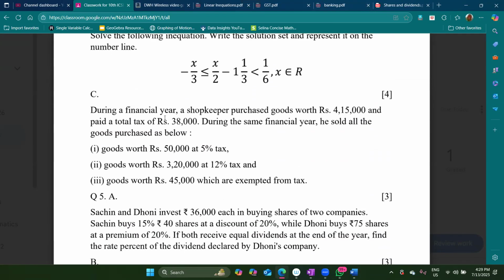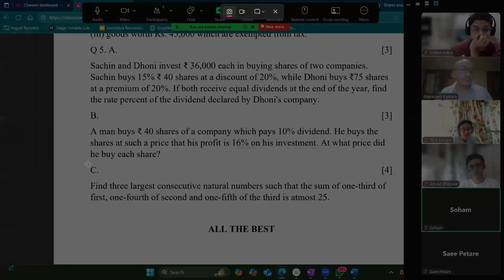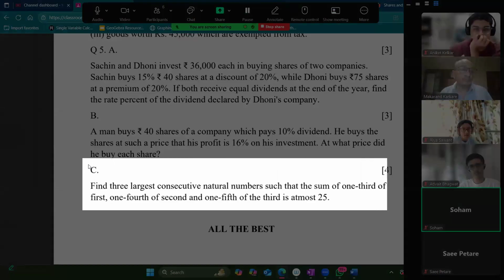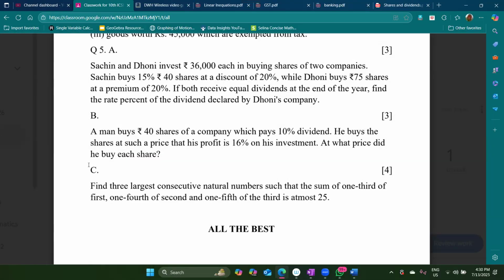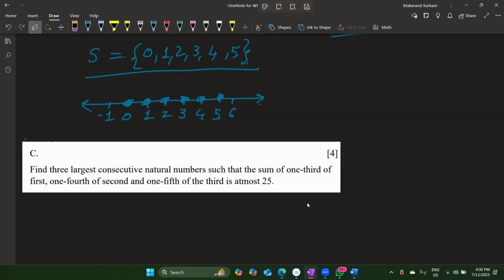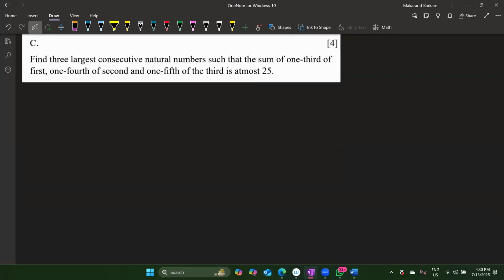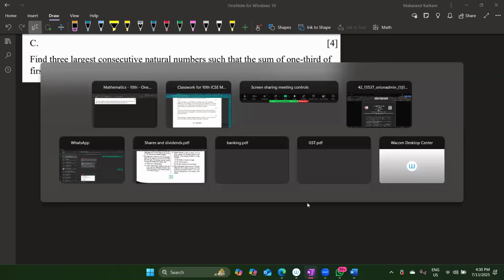Yes, sir. Okay. This question is actually on linear inequations, right? So what does it say? Find three largest. 5A, not 5C. Okay. Fair enough.